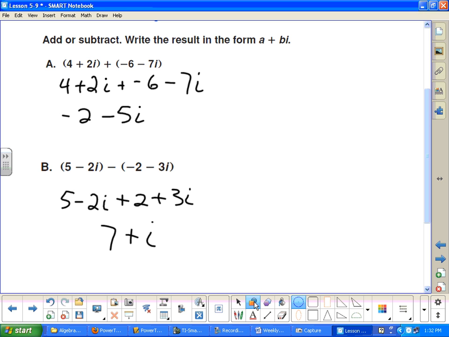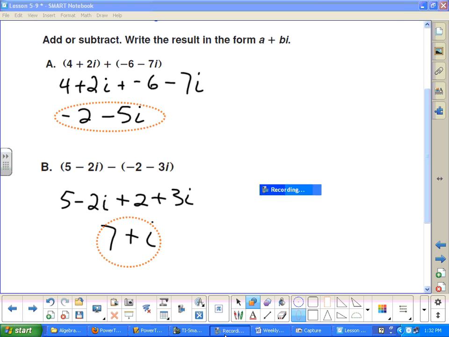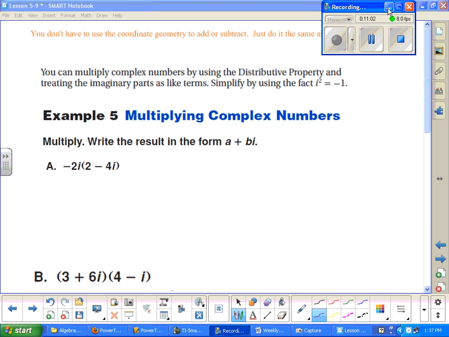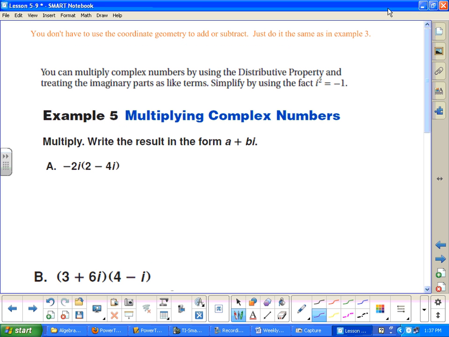So when you are adding or subtracting complex numbers, we do it just like we would any other time. For adding, just drop the parentheses and add. Subtracting, drop the parentheses, change the signs, and combine them. Okay, multiplying. I have a little note up here.